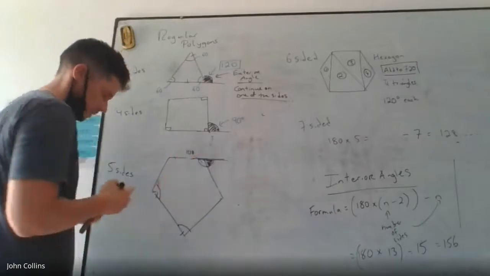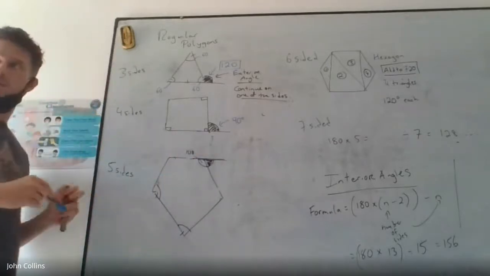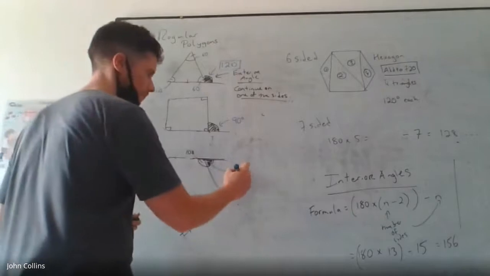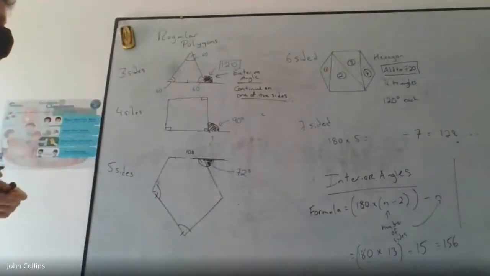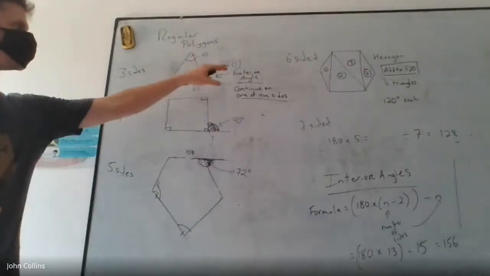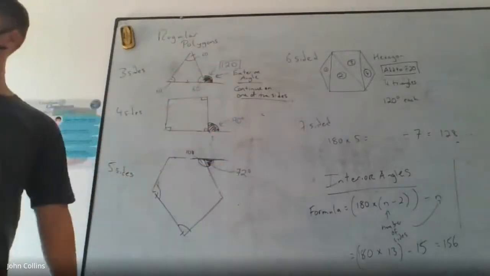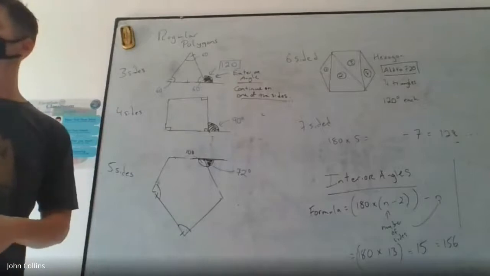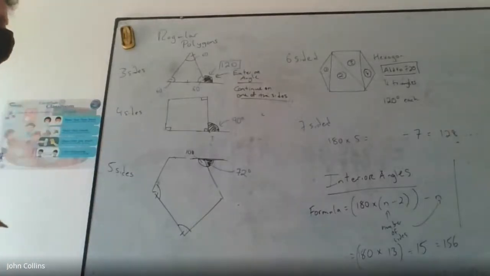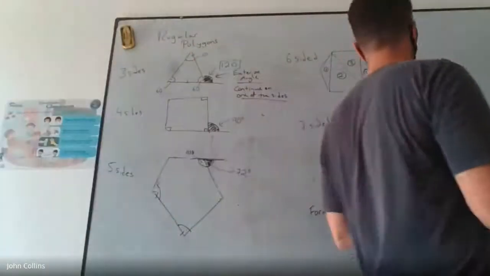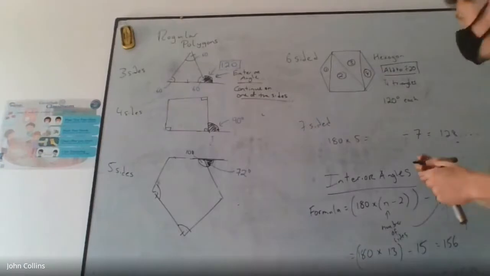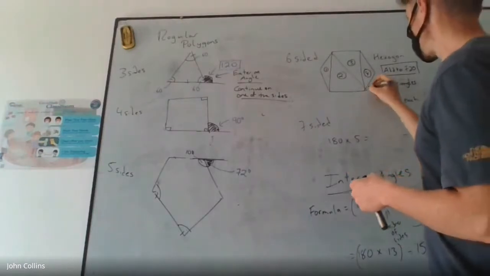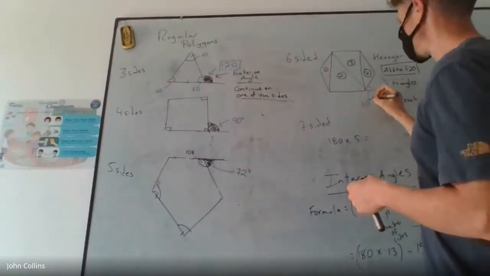So what's this one on the outside? 72. So far, our exterior angles are getting smaller. Will the next one be even smaller? Yes, I think it will be. We have it written here, 120 degrees each. That means the exterior, if I continue on one of these, is 60.